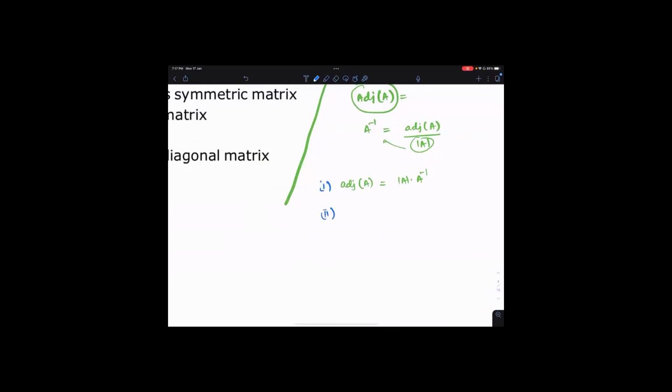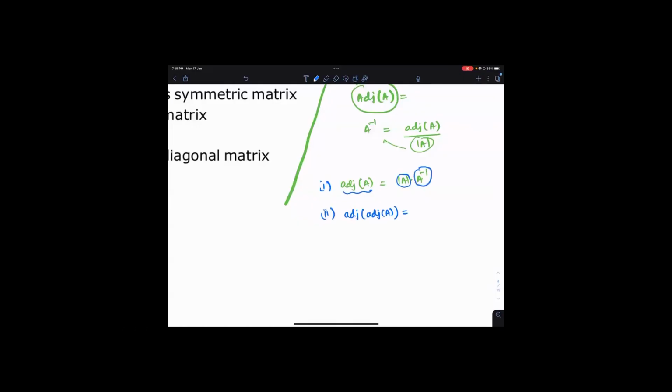Second, think about what is adjoint of A. It will be a matrix because delta is a scalar and A inverse is a matrix.